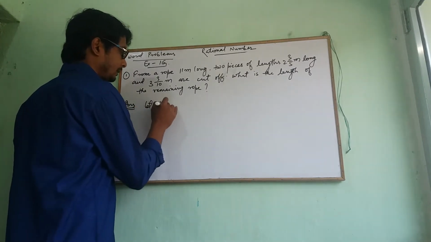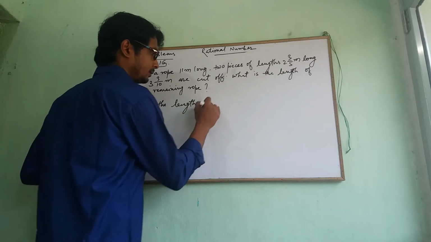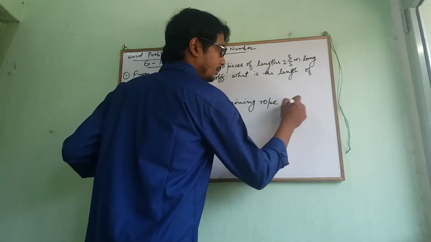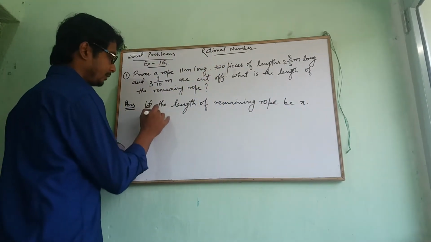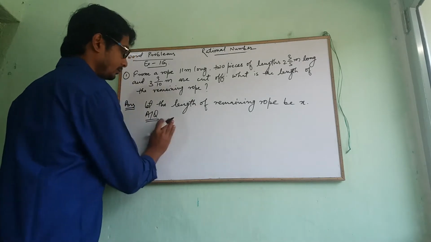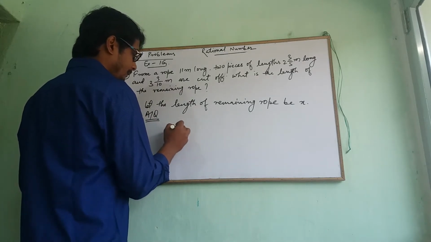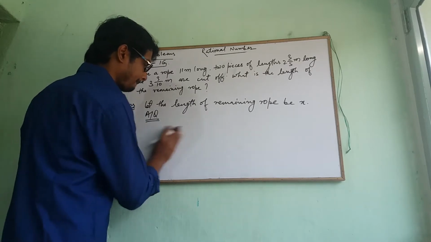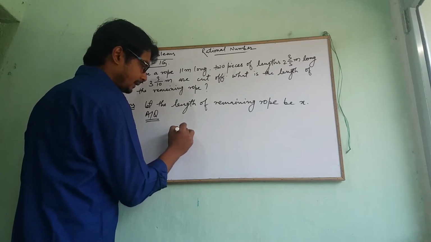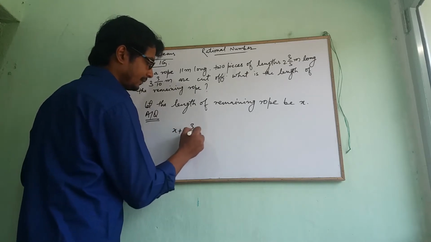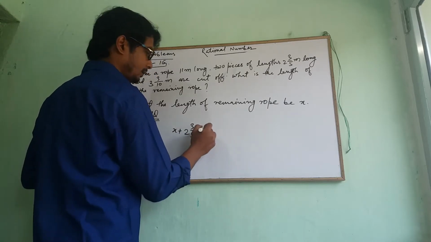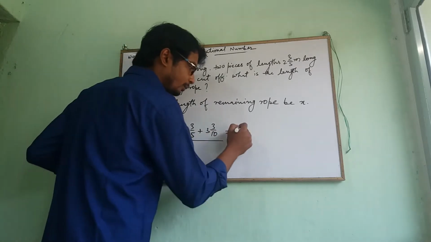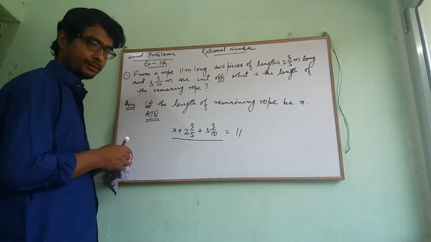Let the length of the remaining rope be x. Now according to the question, if x is added with 2 whole 3 by 5 and 3 whole 3 by 10 meter, then the whole length of the rope is equal to 11 meter.